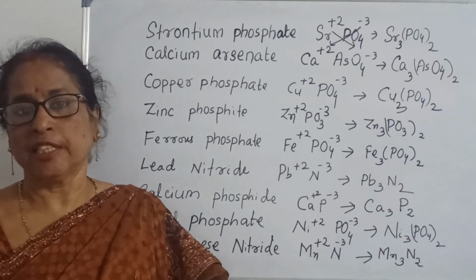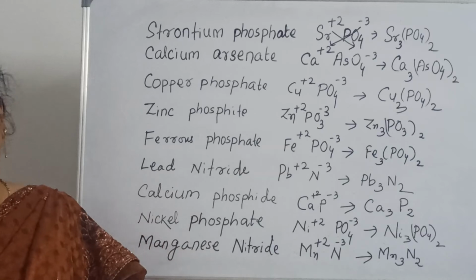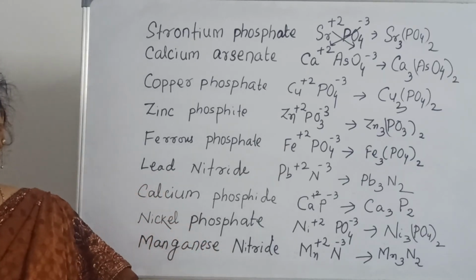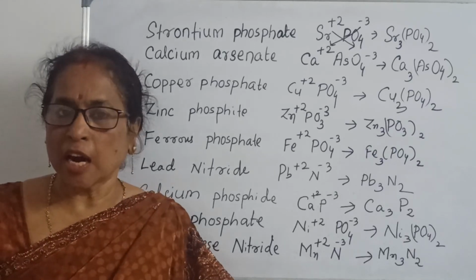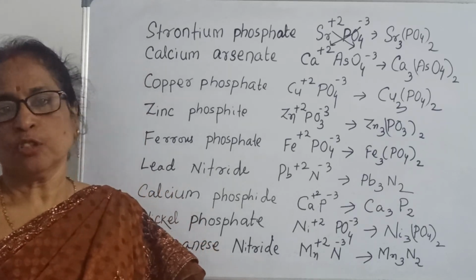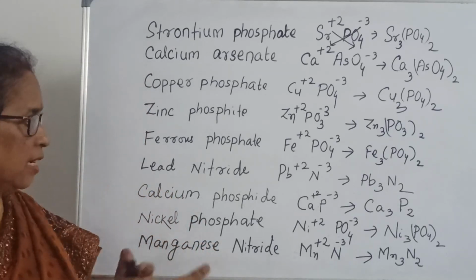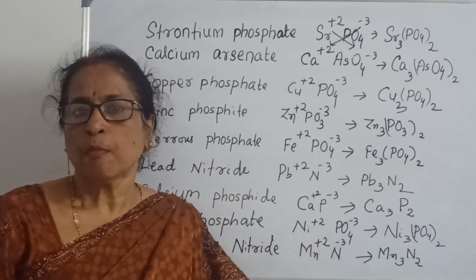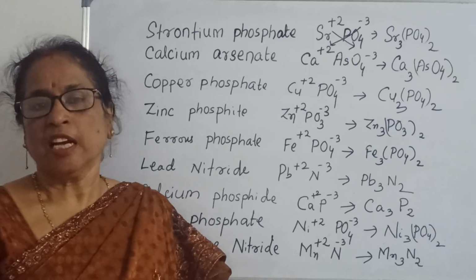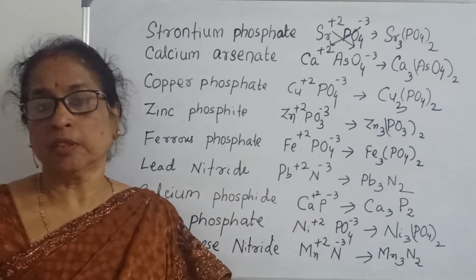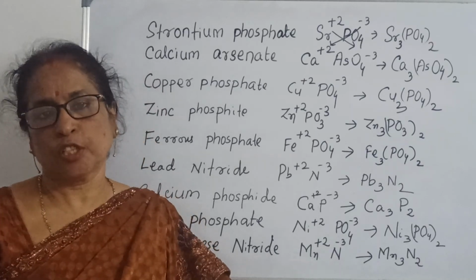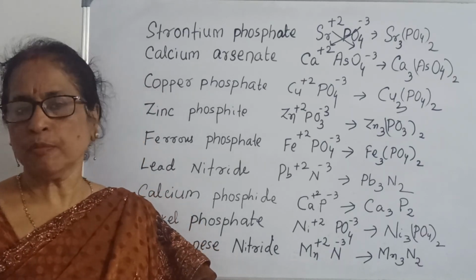Divalent cations are generally second group elements, which show plus 2 charge, and besides that copper, zinc, manganese, ferrous, lead and nickel all show plus 2 charge. And for anions, I told you already: phosphate, phosphite, phosphide, nitride, arsenate. You should remember all the radicals or anions having -3 charge. It is very easy then to write the formula.